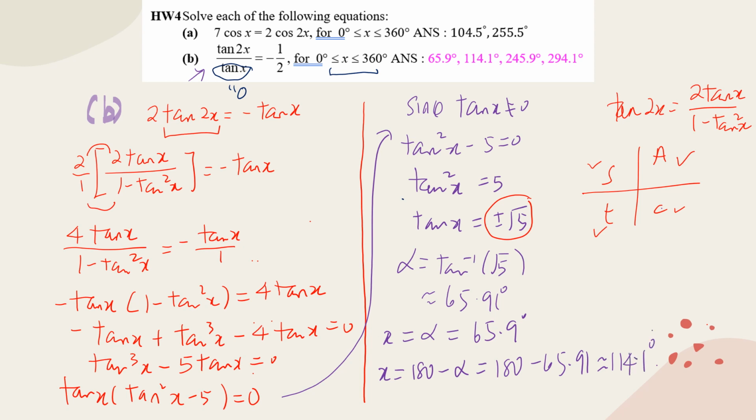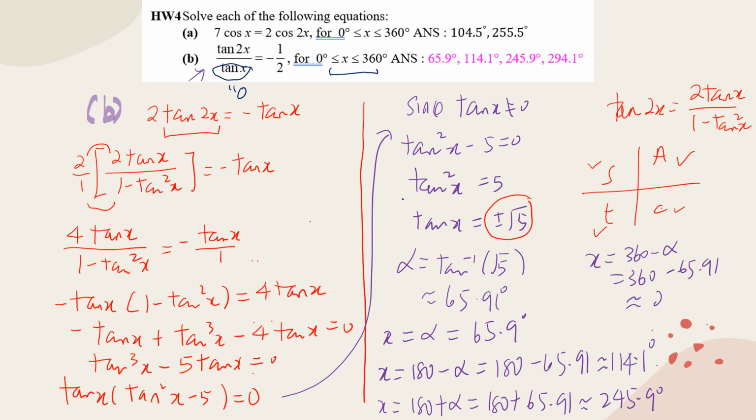Then your third quadrant will be 180 plus alpha, which is 180 plus 65.91. That gives you 245.9 degrees. And last but not least, the fourth quadrant, 360 minus alpha, 360 minus 65.91, and that gives you 294.1 degrees.